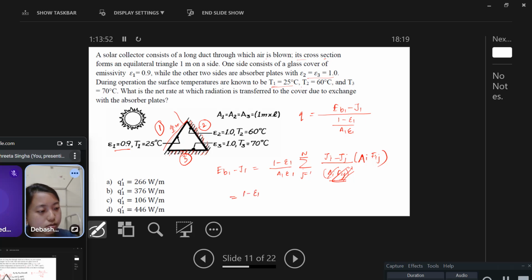So this becomes: i is 1 here and j is 2 and 3, J1 minus J2, J1 minus J3, A1 F12, A1 F13.